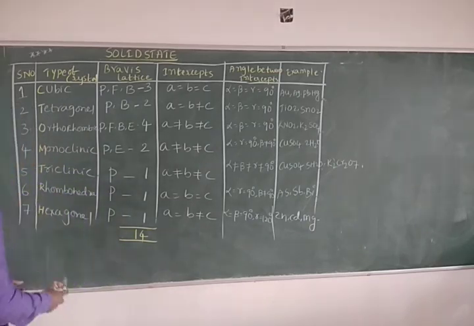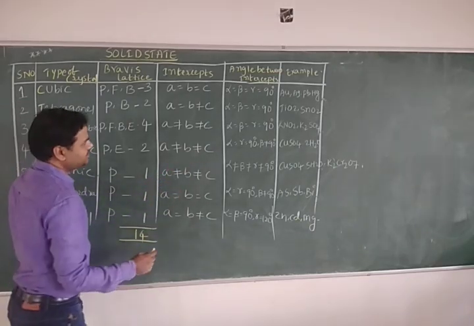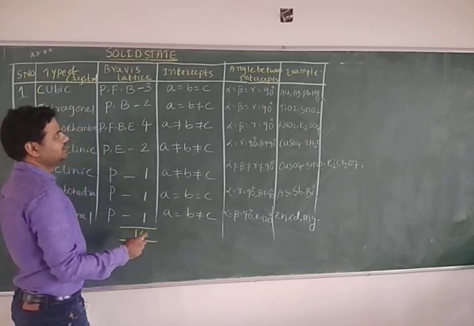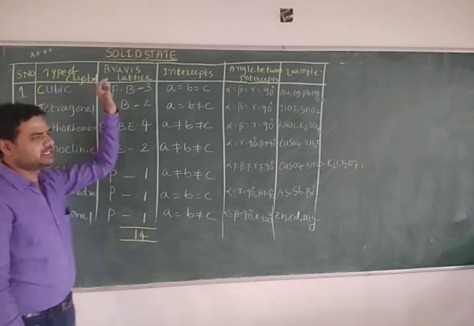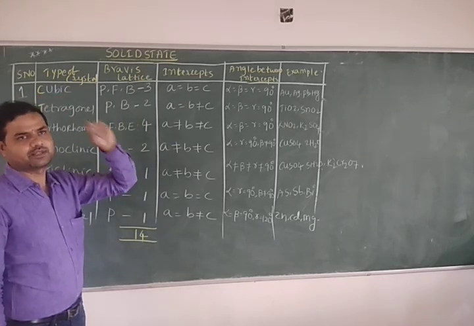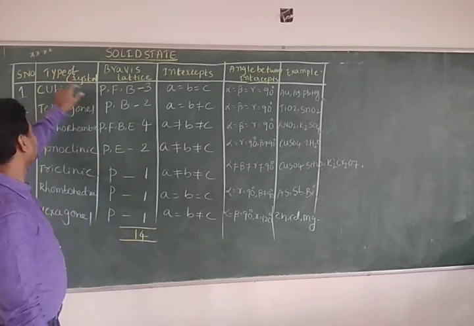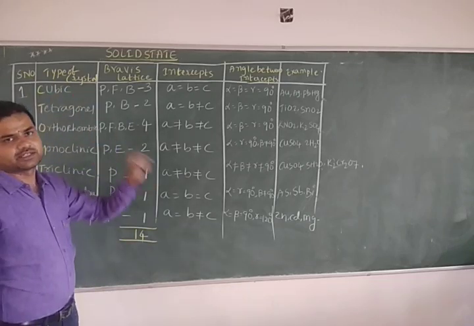Here I am writing a question very simply. For example, an option is given to you. Like one question is given to you: which of the following are the suitable intercepts for the cubic type of crystal system?